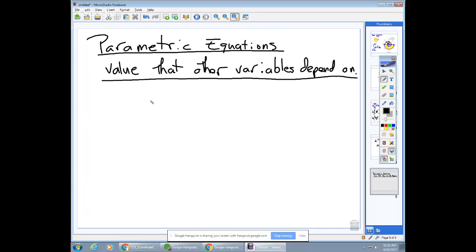Remember the unit circle, which we deal with all the time in this class, and you dealt with a lot in trigonometry. So we have this circle of radius 1.